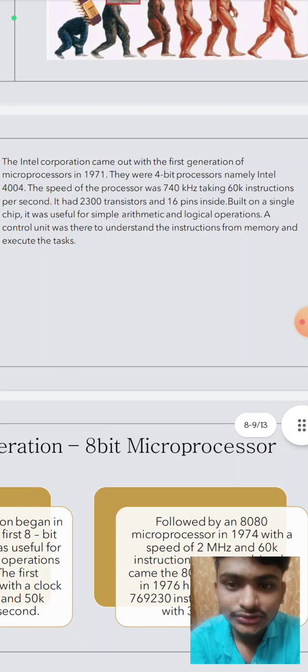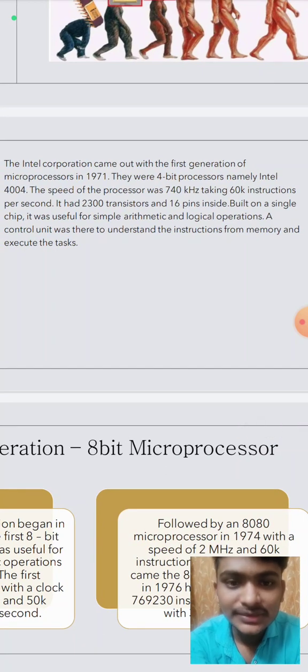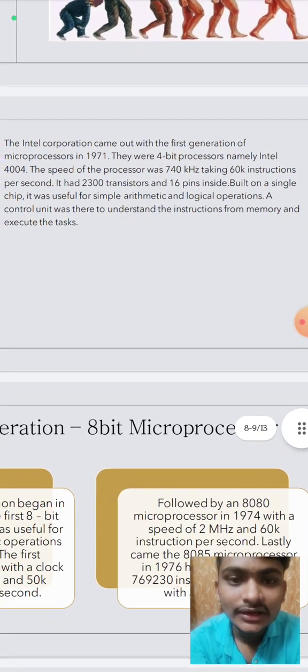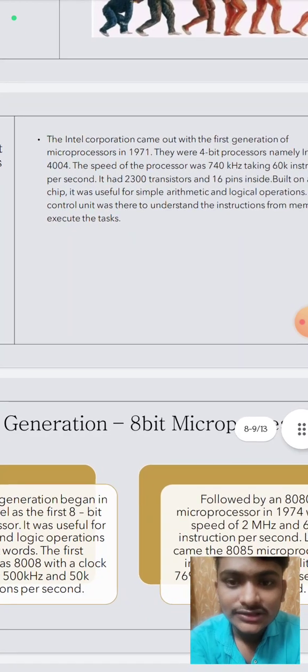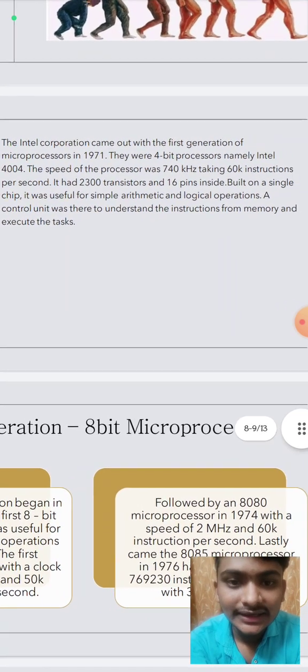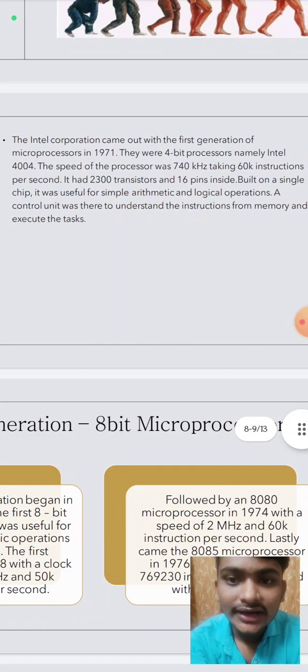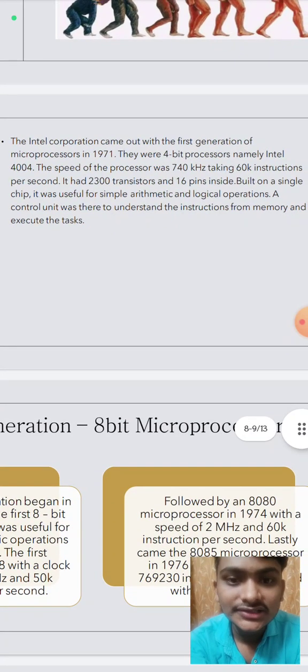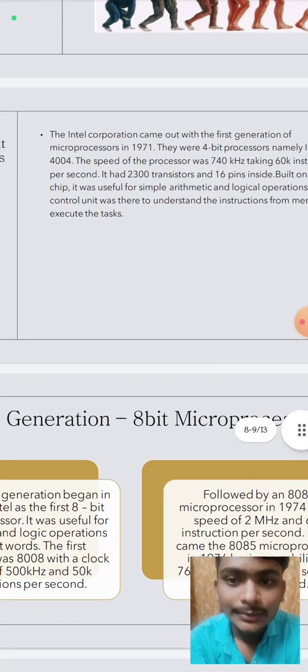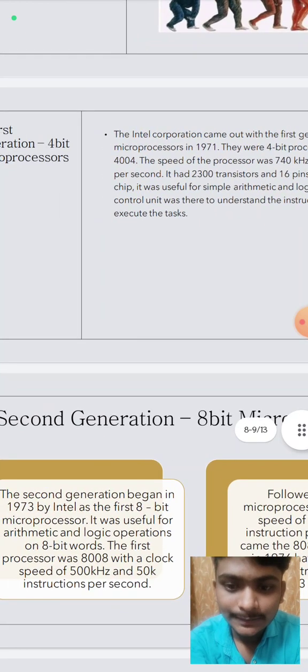It had 2300 transistors and 16 pins, built on a single chip. It was useful for simple arithmetic and logic operations. A control unit was there to understand the instructions from memory and execute the task.